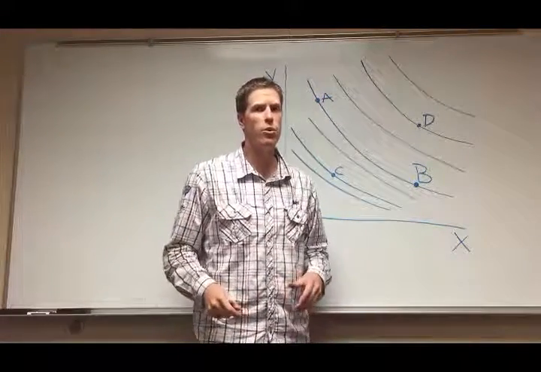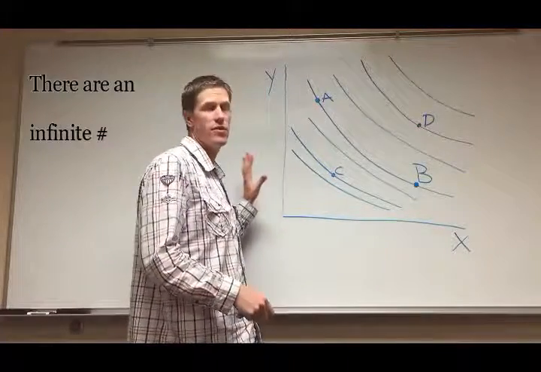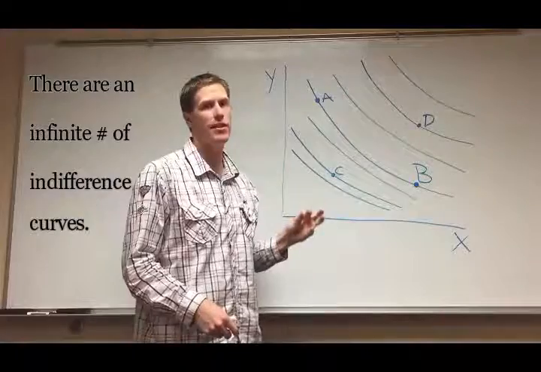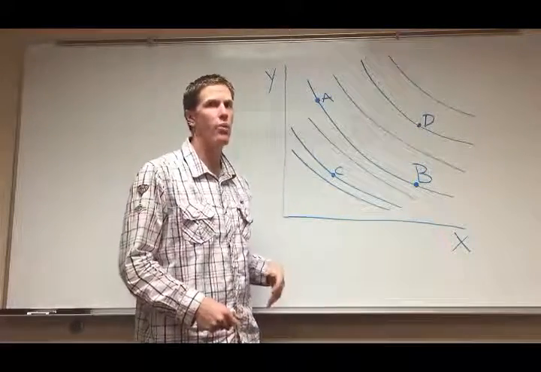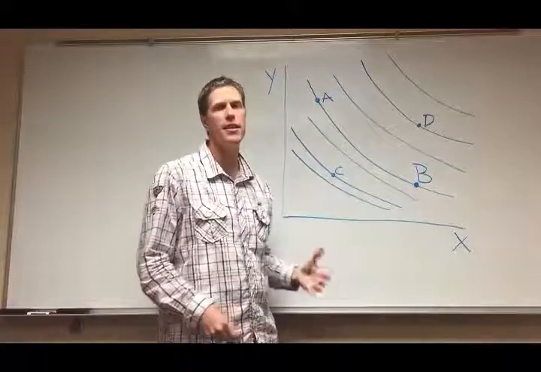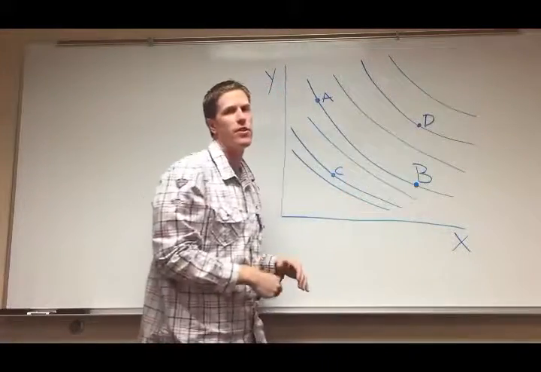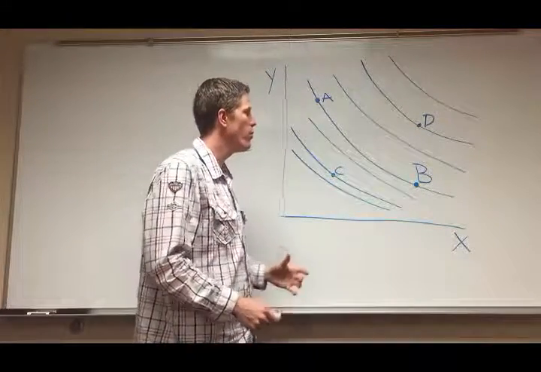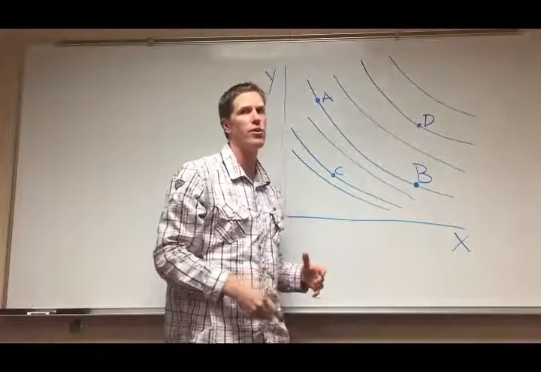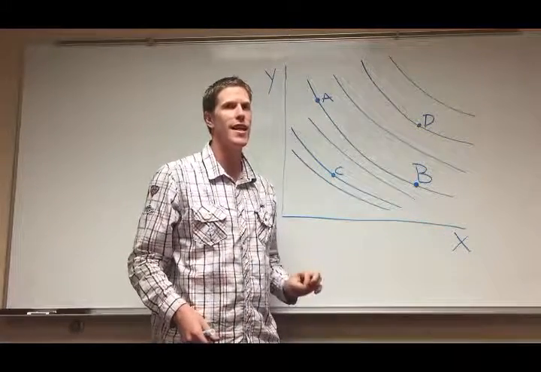One thing that's really important to remember, especially for your future studies with indifference curves, is that there's an infinite amount of indifference curves, okay? We just plucked out a few where we labeled some points, A, B, C, and D. But the reality is that there's an infinite amount of indifference curves. They all exist, but when we draw an indifference curve, we're just isolating one of those curves and saying, this is the relevant curve for our current analysis.